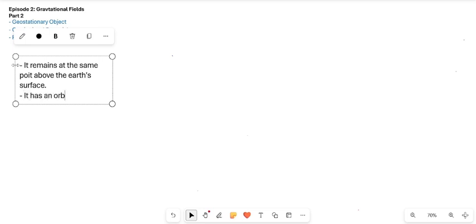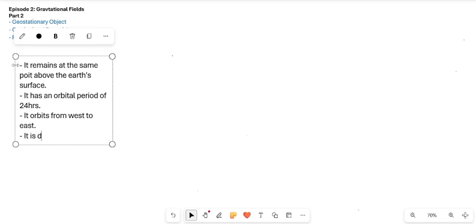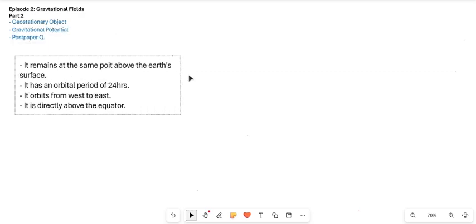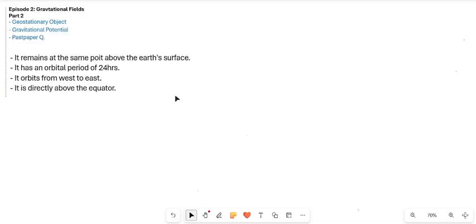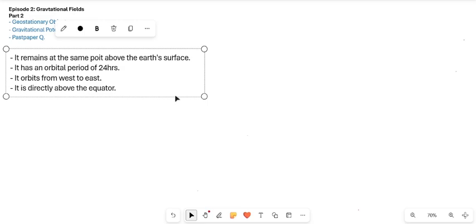Number three, it orbits from west to east. And fourth, it is directly above the equator. These are just four points, the characteristics of a geostationary object, and honestly, that is it.